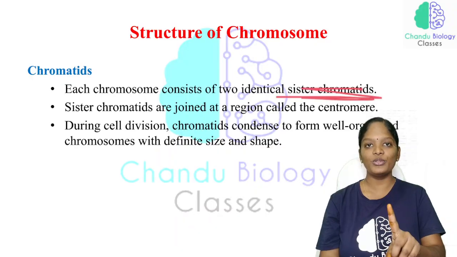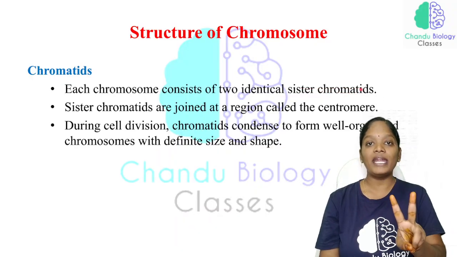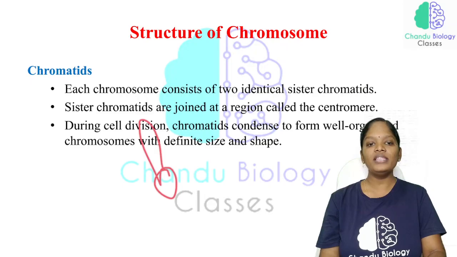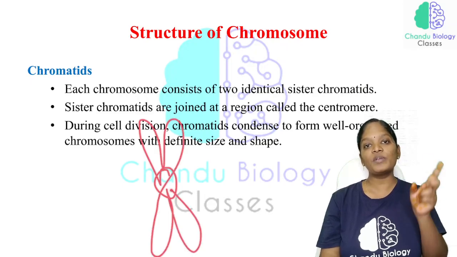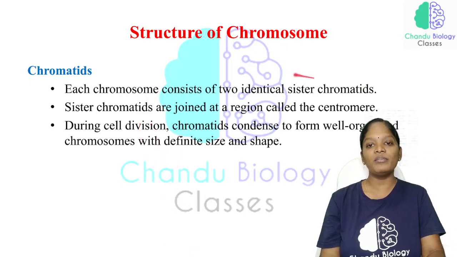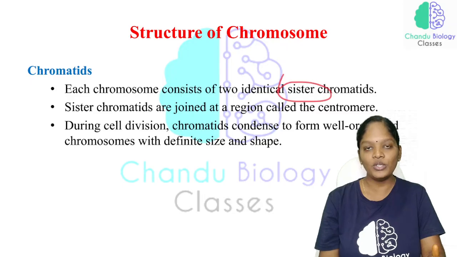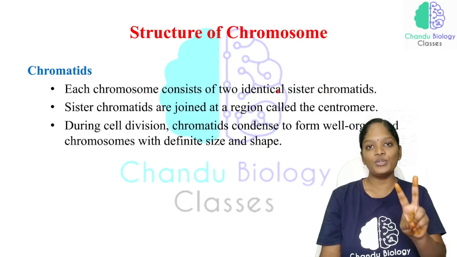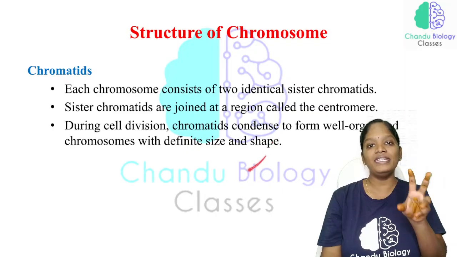So one chromosome has two chromatids. Why do we call them sister chromatids? As they are present in the same chromosome, we call them sister chromatids. So you should know that one chromosome has two identical sister chromatids.